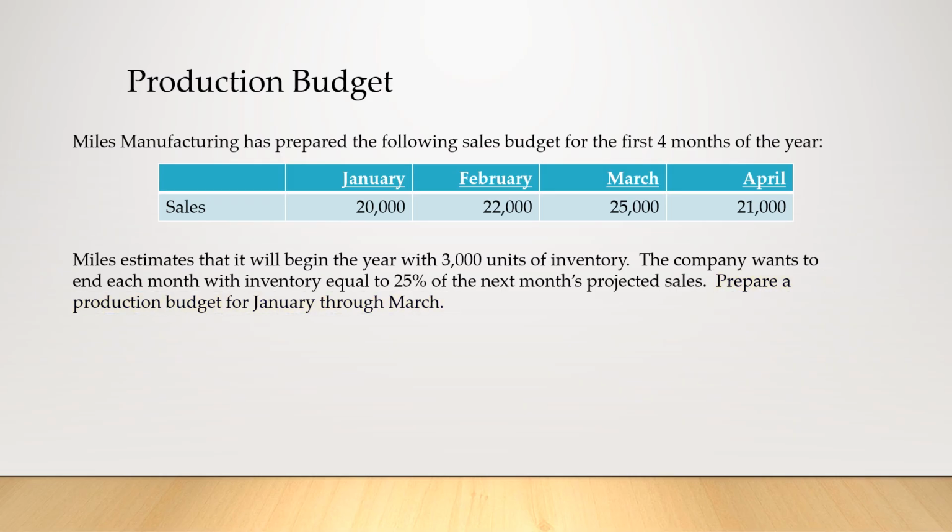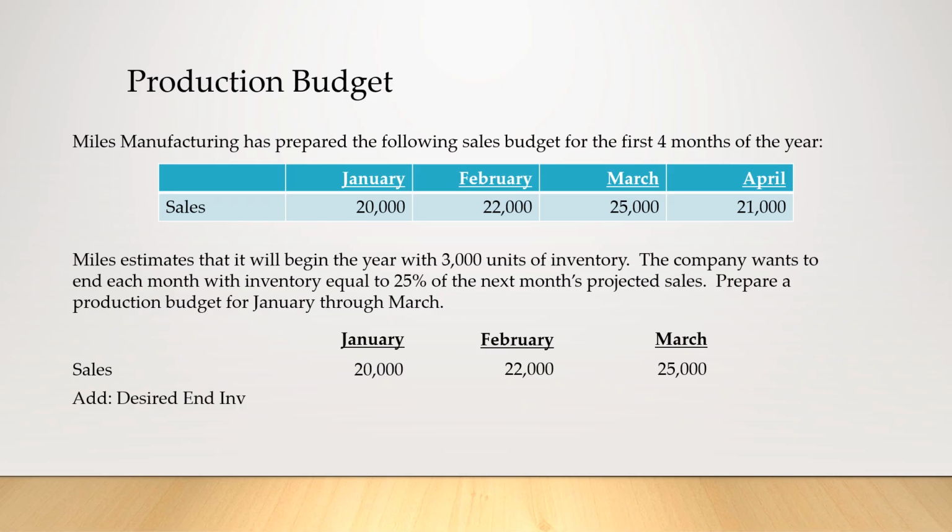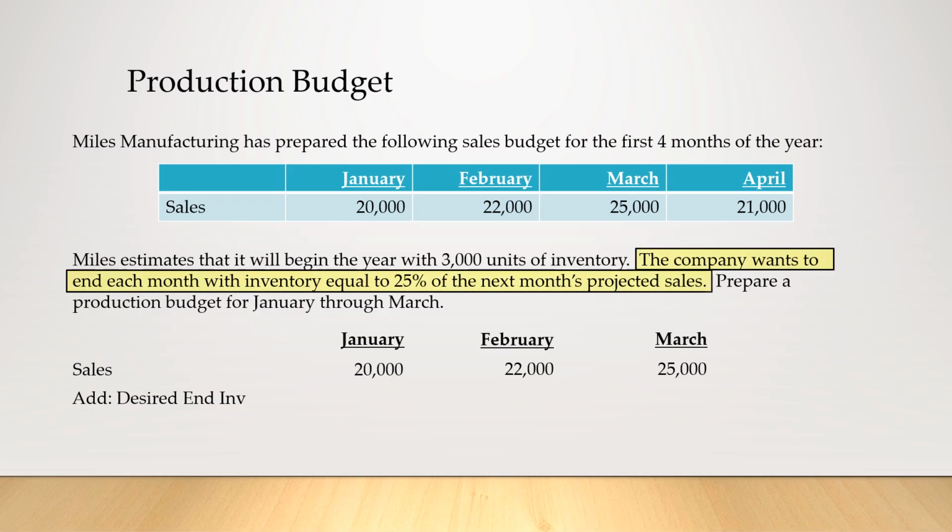Our starting point for this particular budget is always sales. To calculate how many units to be manufactured, first add the desired ending inventory. The problem specifies that Miles Manufacturing desires a monthly ending inventory equal to 1/4 of the next month's sales.